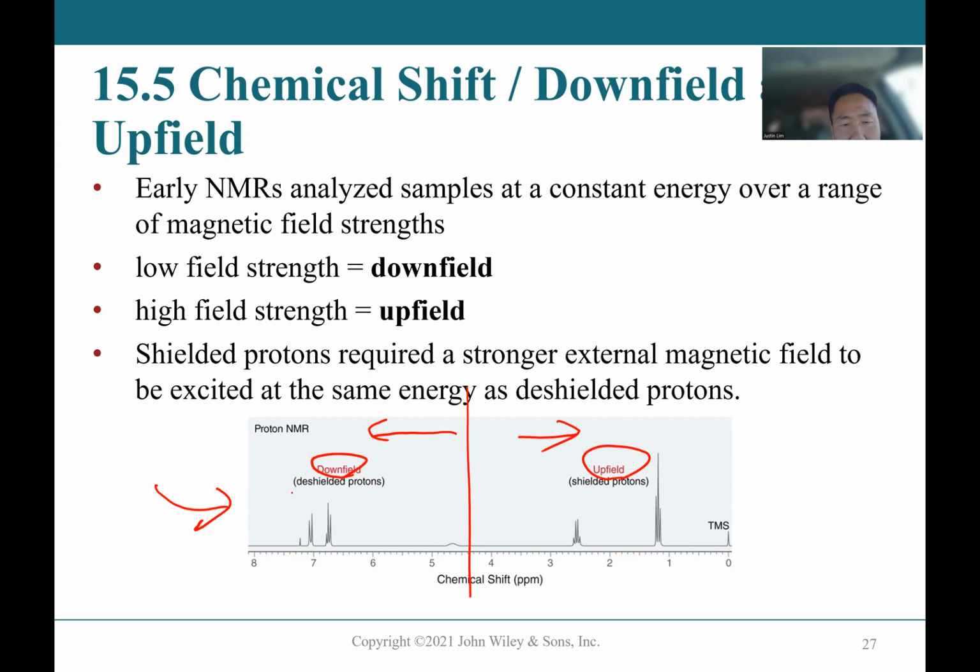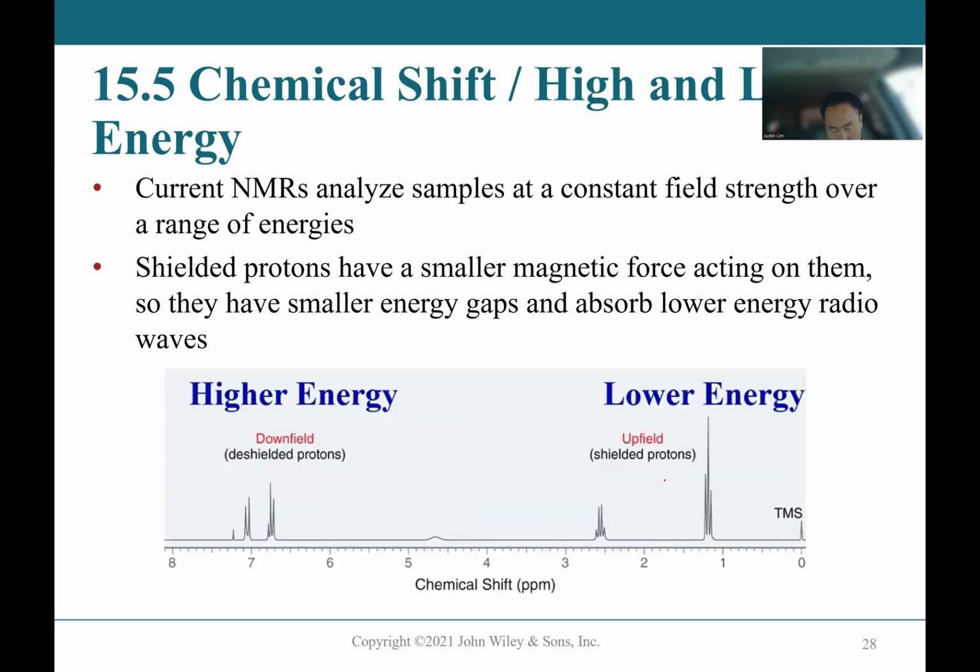In downfield, we see deshielded protons. In upfield, we see shielded protons. The shielded protons have smaller magnetic force acting on them. So they have a smaller energy gap and absorb low energy radio waves.